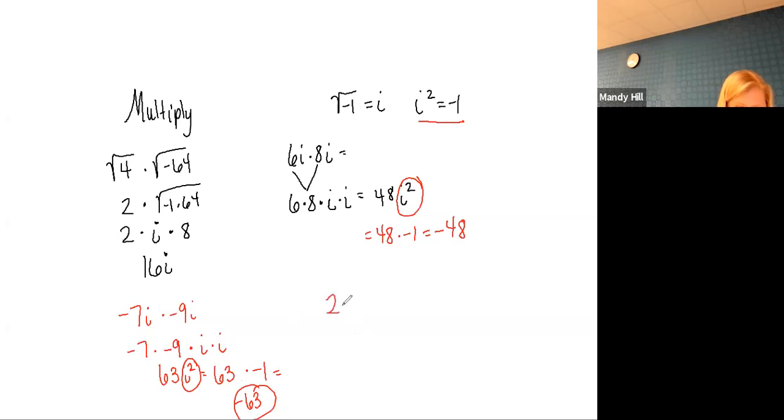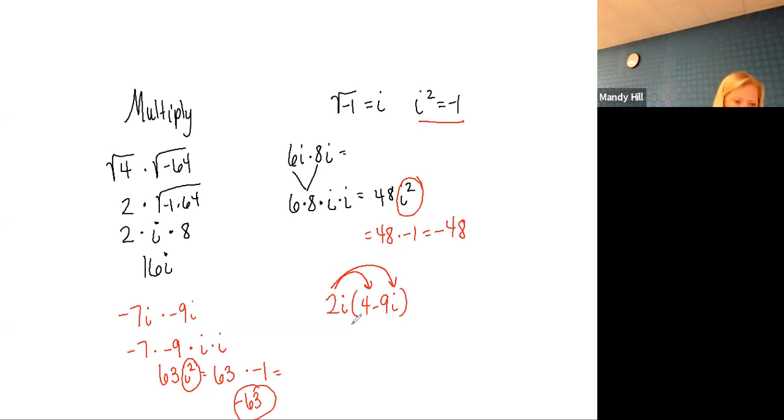Okay. 2i times 4 minus 9i. Okay, we want to use the distributive property for this. So we're taking the 2 and multiplying it by both things behind the parentheses. So we've got 2i times 4.